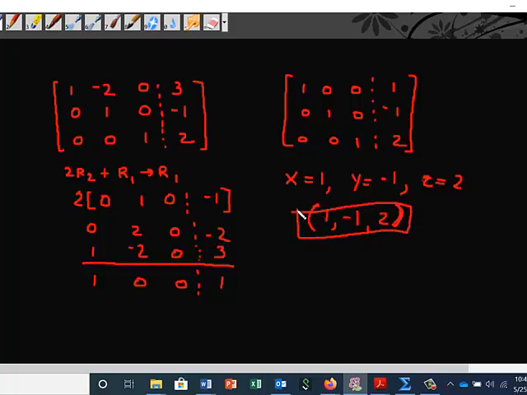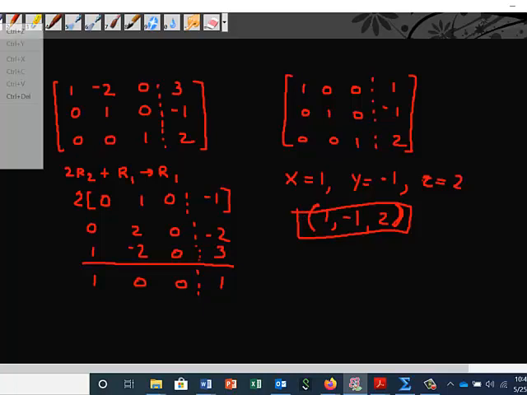But let's just run a check, y'all. Let's run a check. So our original equations were these, right? x minus 2y plus 3z is equal to 9.